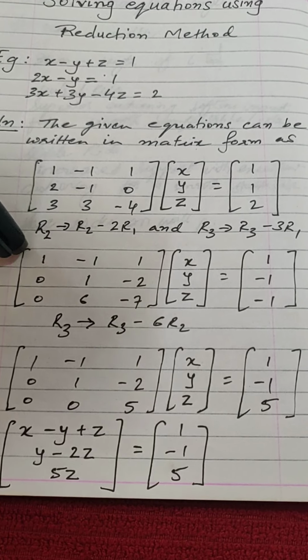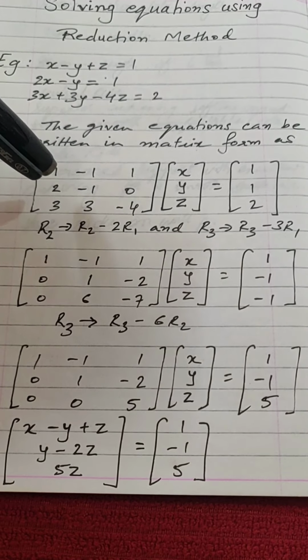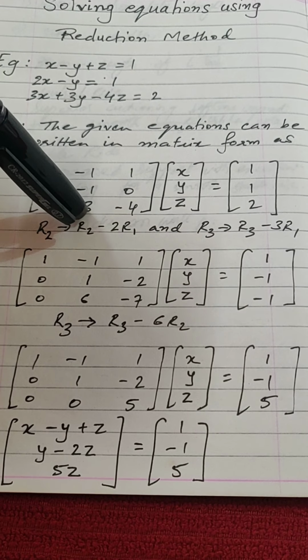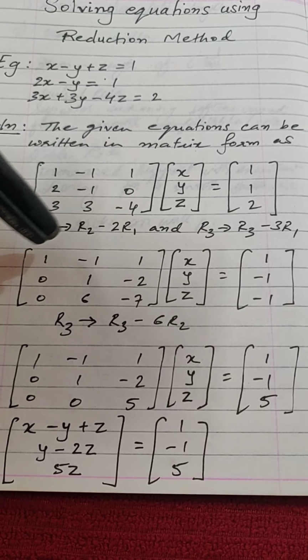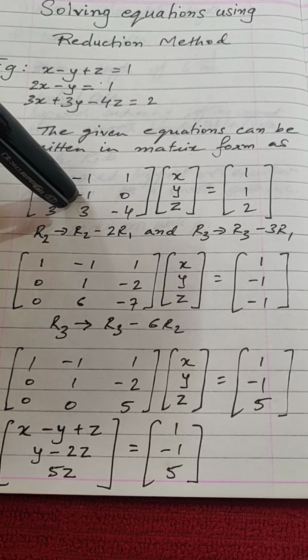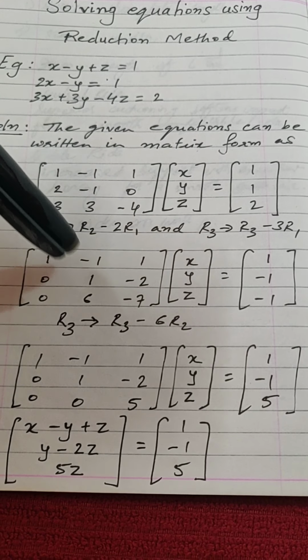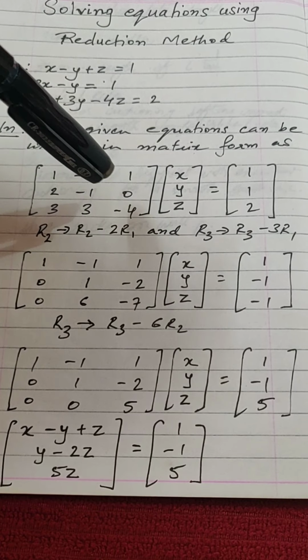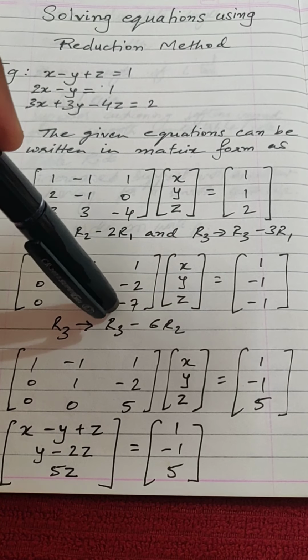But in the process, even these other terms would change. How do they change? They follow the same way. So minus 1 minus 2 into minus 1 would become minus 1 plus 2, which becomes 1, and then 0 minus 2 into 1 would become minus 2.